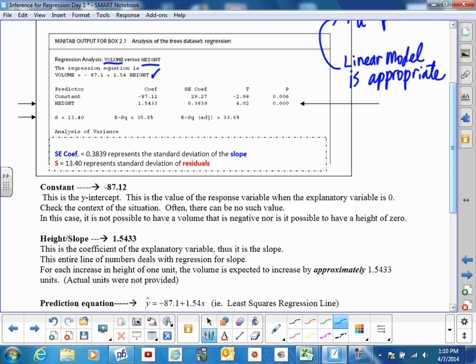What is missing notationally from that statement? What's the notation missing from right there? The hat. Because this is a predicted volume. So remember that that is never given to us in a printout.